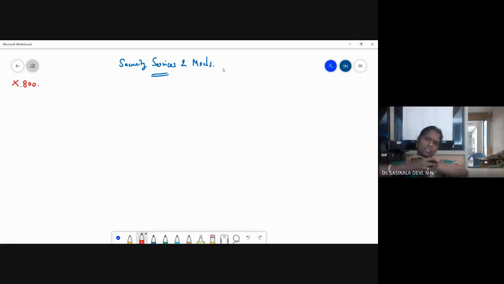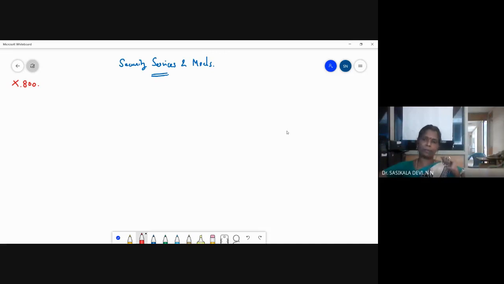Services and mechanisms seem to be the same, but both are different. Take another example: a well-known symmetric cryptosystem, DES. You will learn how to encrypt data using DES, the encryption process and the decryption process. You can write down the algorithm for encryption, the algorithm for decryption, sub-key generation, and all those things. But it won't be useful unless it is plugged into a specific application.